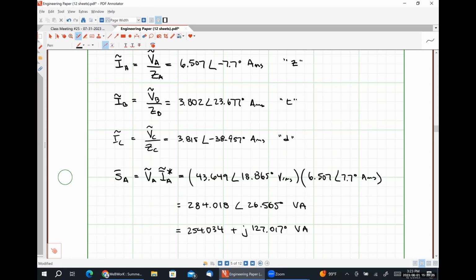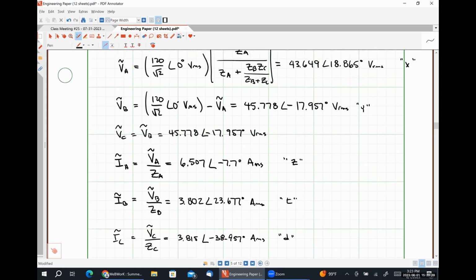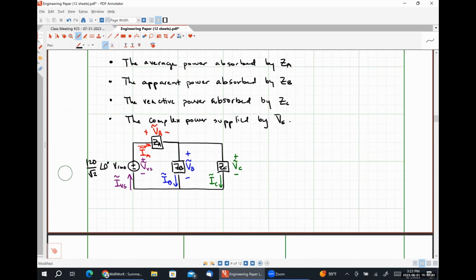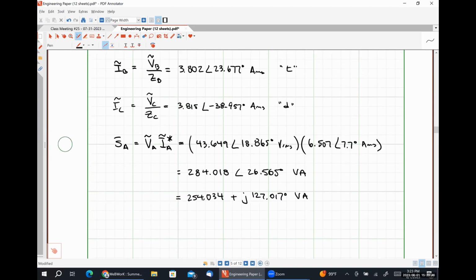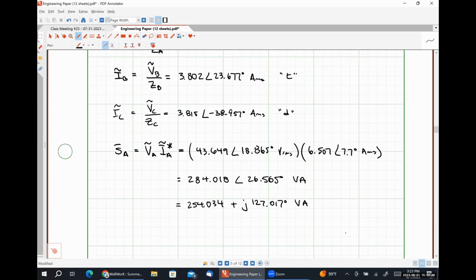Okay. So we were asked to find, let me scroll up here to make sure, the average power absorbed by ZA. So which of these four numbers is the average power?